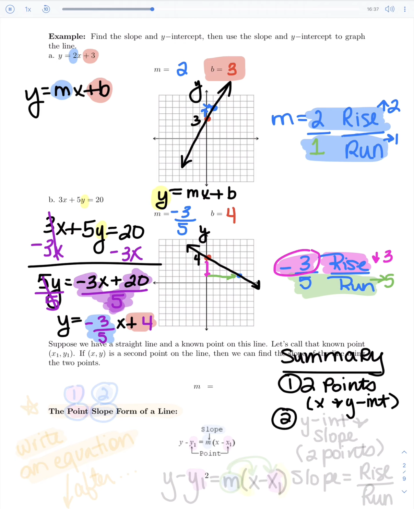Here we're still doing 2 points, but we're doing the y-intercept and the slope to get the second point. But it's still technically 2 points. And just as a quick reminder, if you're going to use the slope, you're using it as rise over run.